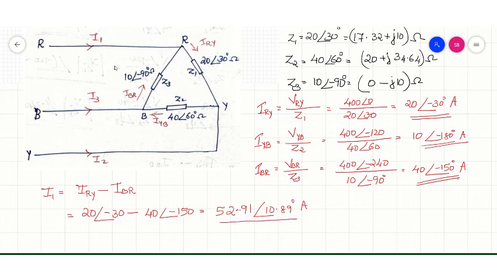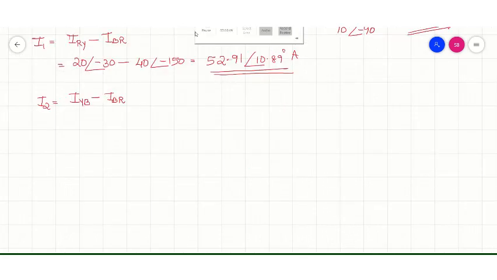Similarly, we can write the currents I2 and I3 also. I2 is equal to IYB minus IRY.